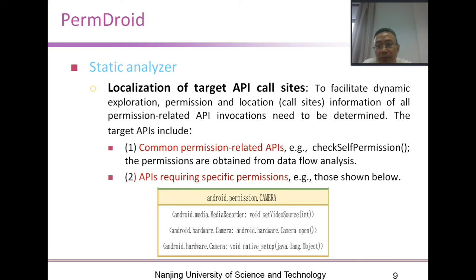For example, those shown below. There are three APIs that require the camera permission. For this kind of APIs, the permissions required are obtained from the API to permission mapping.